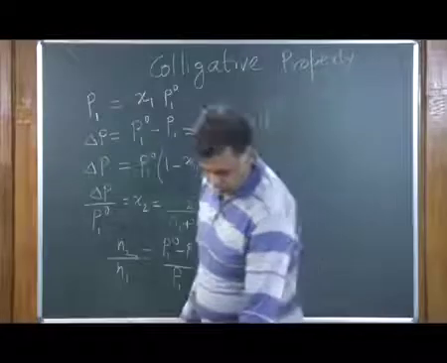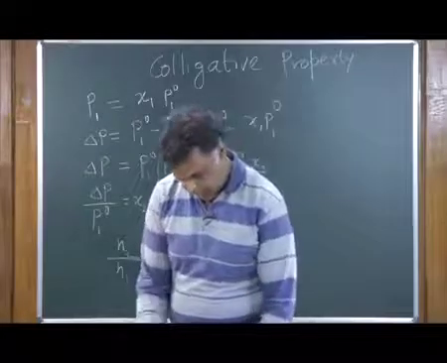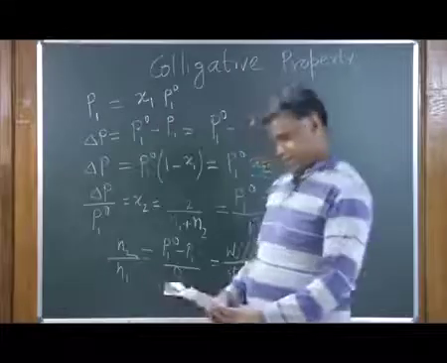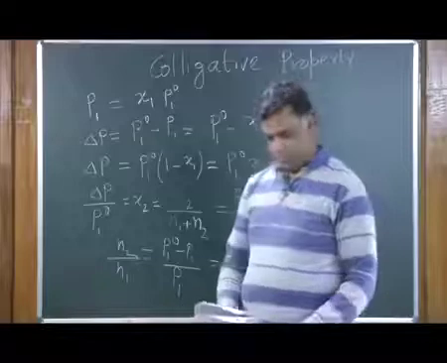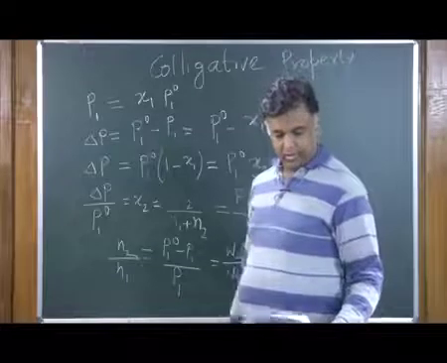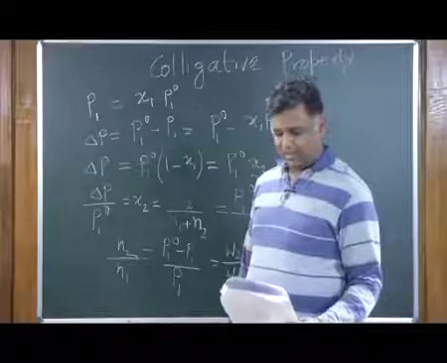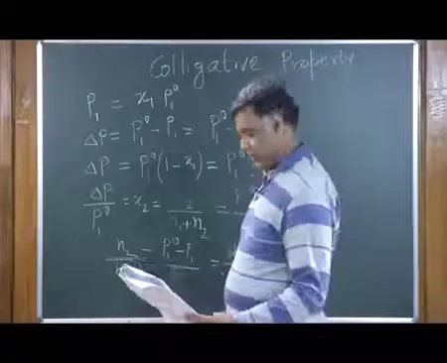Okay, let us do an exercise. This is an example from the textbook. I am going to read this problem. The vapor pressure of pure benzene at a certain temperature is 0.850 bar.